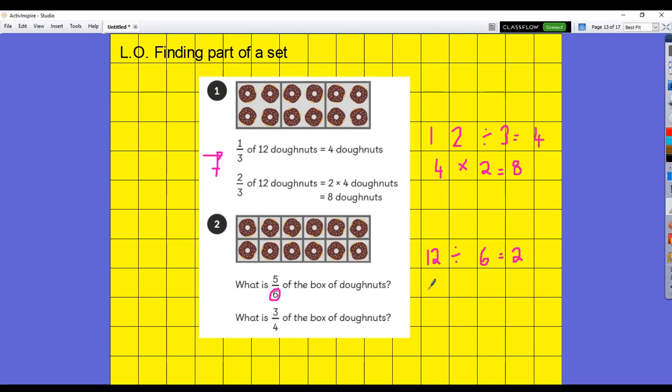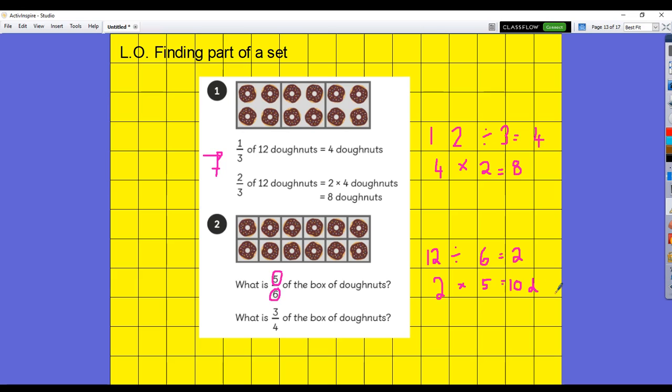Okay, and then we need to times the answer with the numerator because we need to have 5 lots of them. So 2 times 5 equals what? We know 2 times 5 equals 10. Okay, so 5/6 of the box of donuts is going to equal 10 donuts.